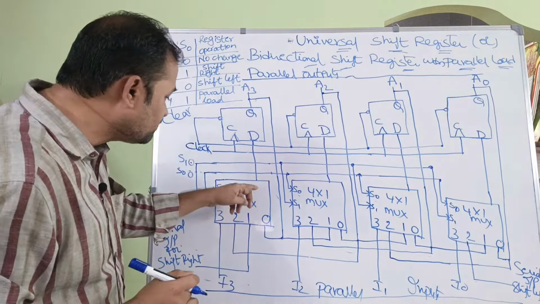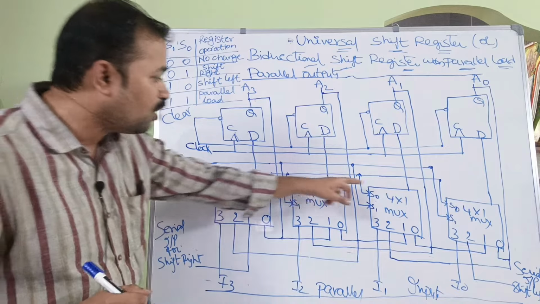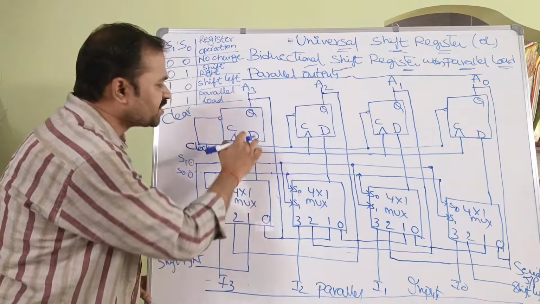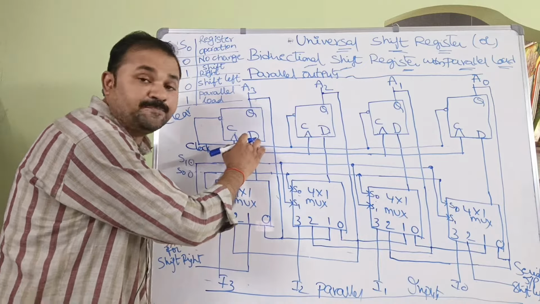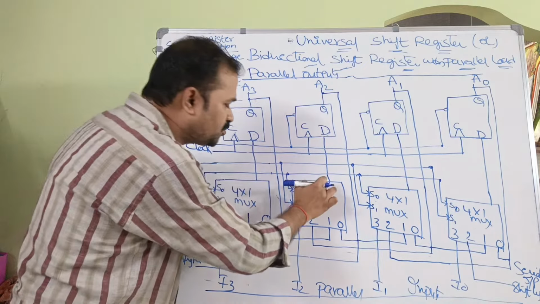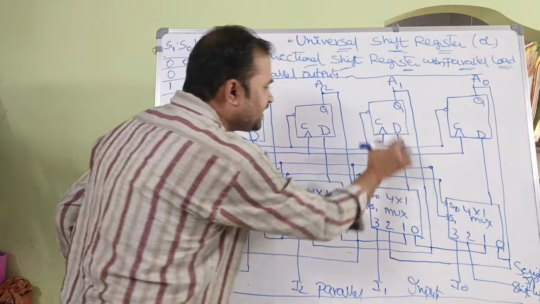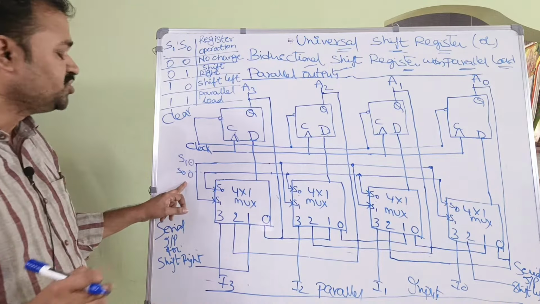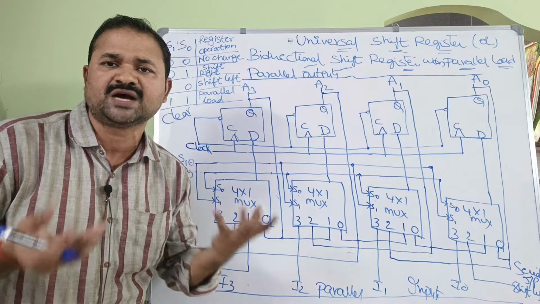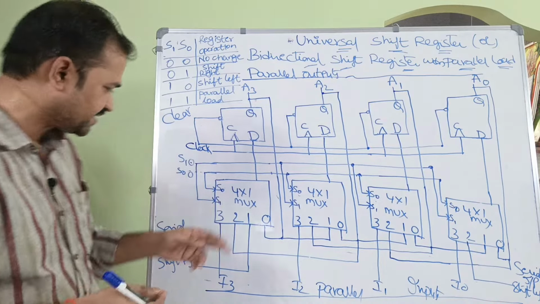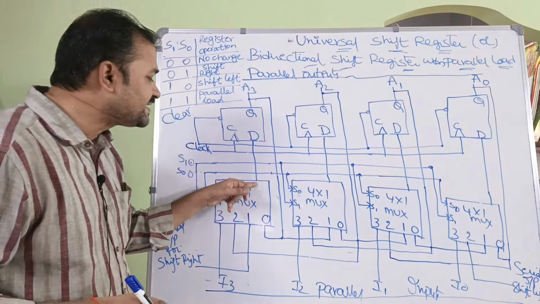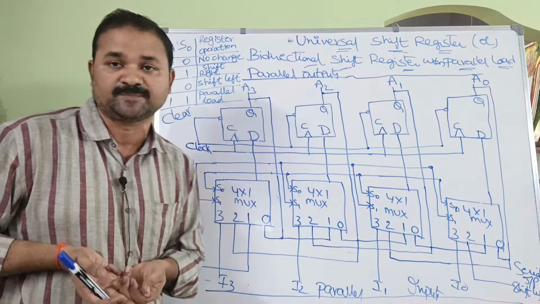Here this is nothing but the output of the multiplexer, and the output of the multiplexer will be connected as input to the flip-flop. If the selection inputs are 0 0, then we know the functionality of the multiplexer: this 0 data input line will be selected as the output.